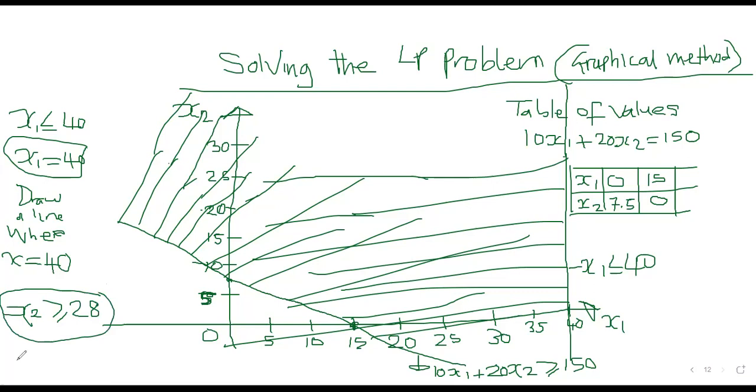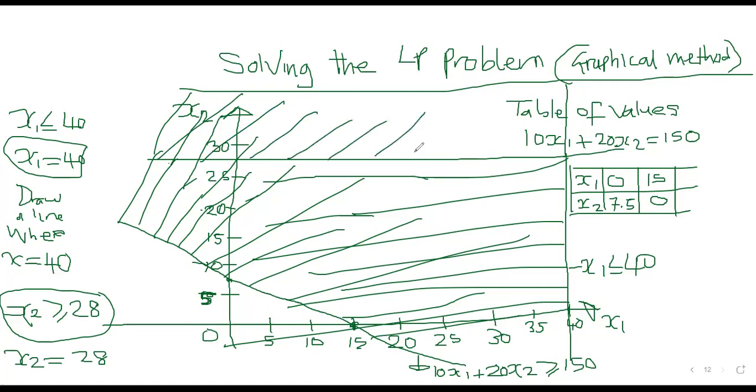So draw a line where x2 is equal to 28. So it is somewhere here. So the line is up here. This is where the line goes.